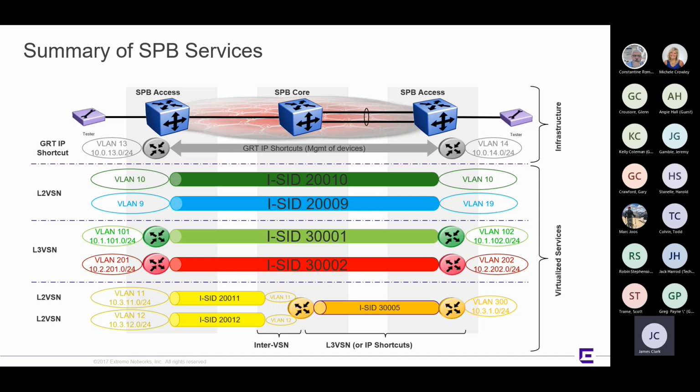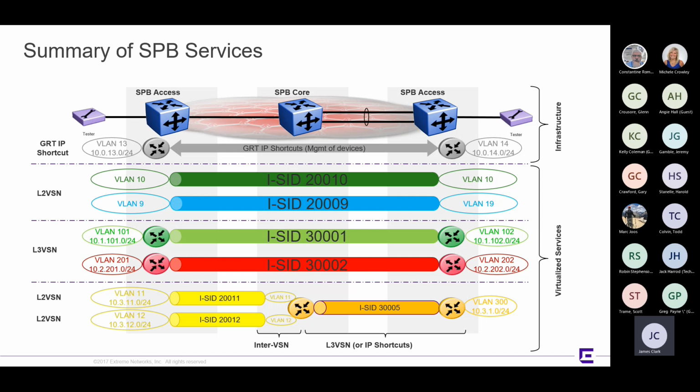And then down at the bottom, I don't think we've actually mentioned this yet, but in a scenario where we have multiple L2 VSNs where we need to get them routed somewhere, we're showing at the top that VLAN 11, the subnet of the nodes, gets an IP address of 10.3.11.